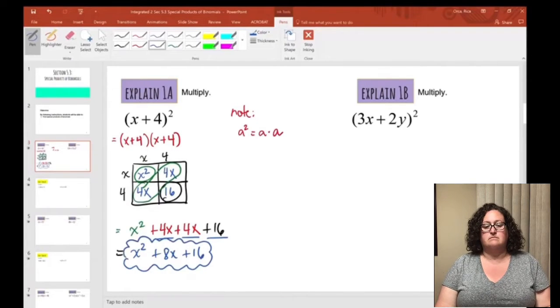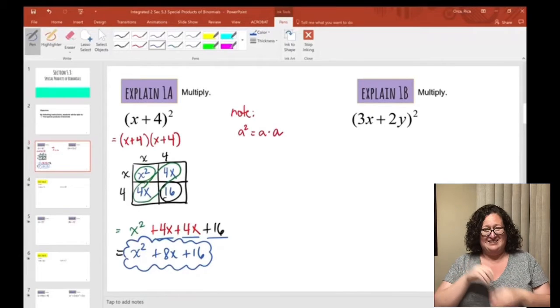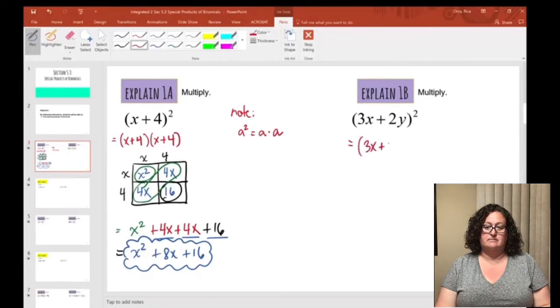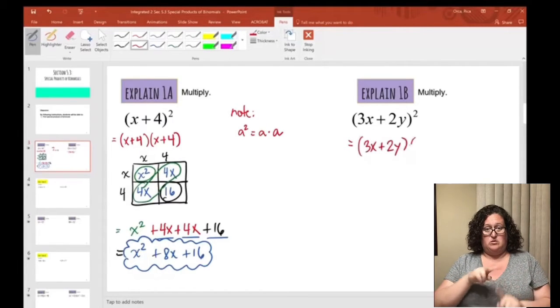Let's move on to explain 1b. In explain 1b, we want to multiply 3x plus 2y squared. Step number 1, go ahead and expand this to 3x plus 2y times 3x plus 2y.